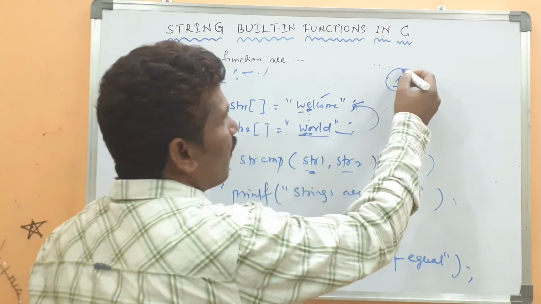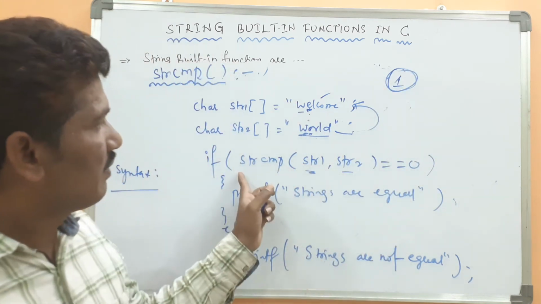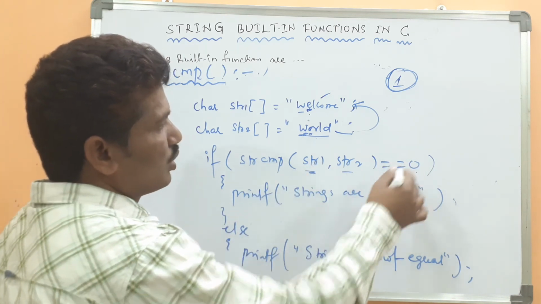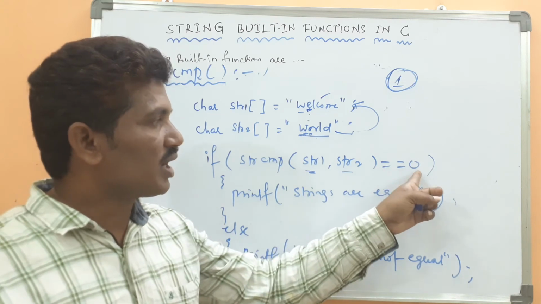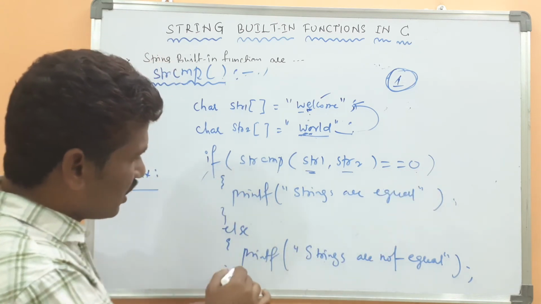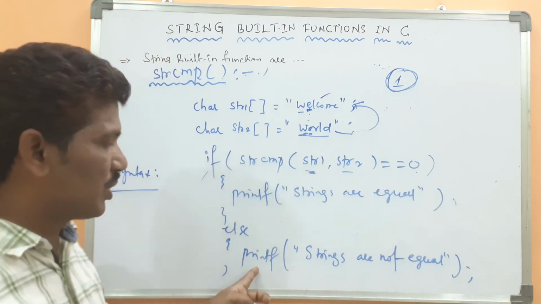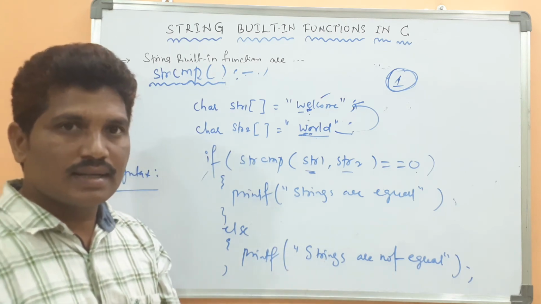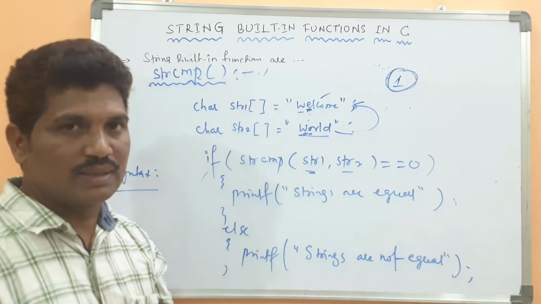The index position of E, O is 1, so the string function returns 1. Because 1 is not equal to 0, it comes to the else part. Printf strings are not equal, and the message will be displayed.